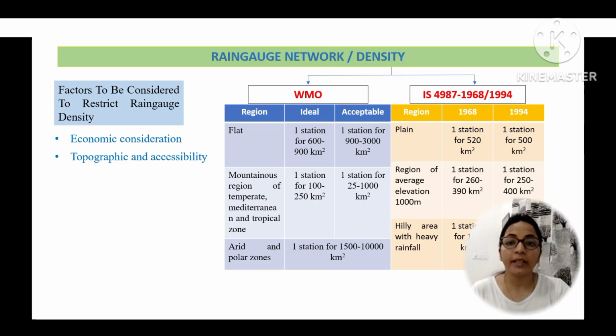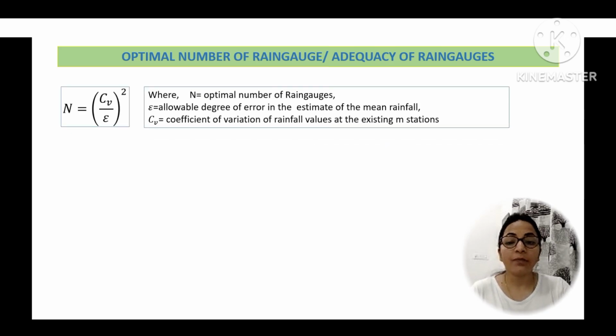Now, how is the adequacy of rain gauges estimated? To estimate the adequacy of rain gauges, mainly two components are considered. The first one is the coefficient of variation and another one is epsilon, which is the allowable degree of error in the estimate of mean rainfall.